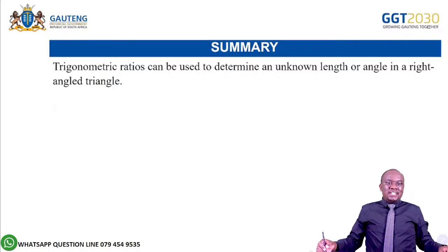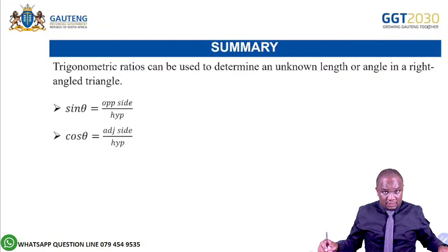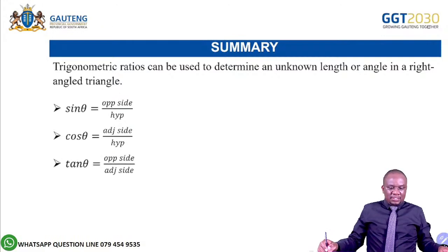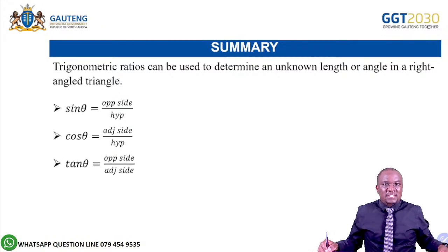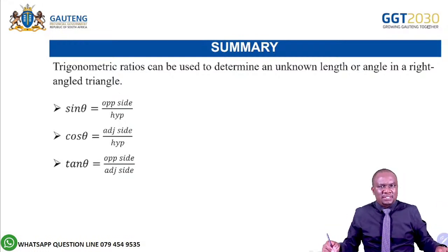Today, we learned that sine theta is opposite side over hypotenuse. And then cos theta is adjacent side over hypotenuse. And then tan theta is opposite side over adjacent side. And then we learned about the reciprocals of these trigonometric ratios.